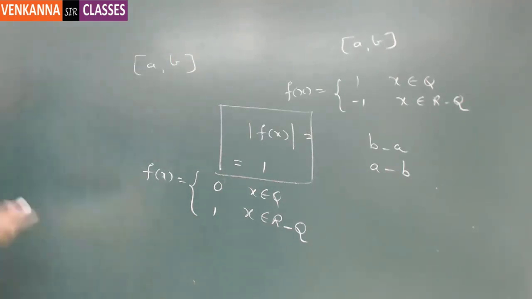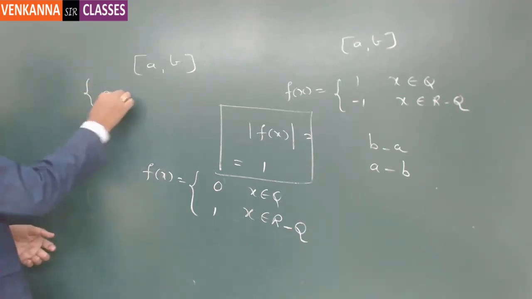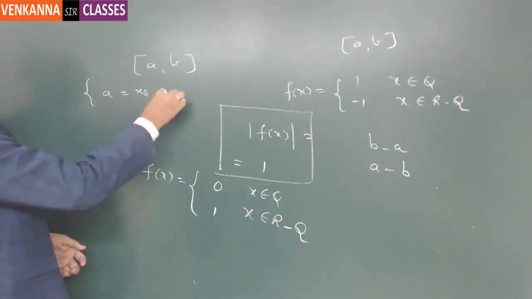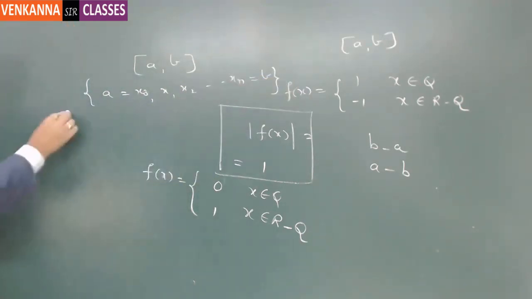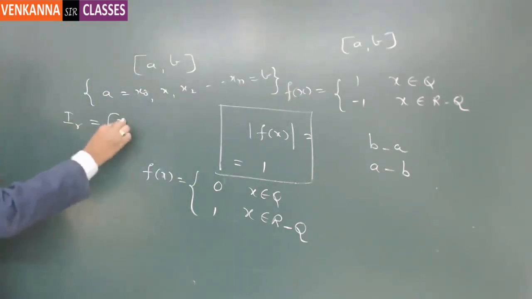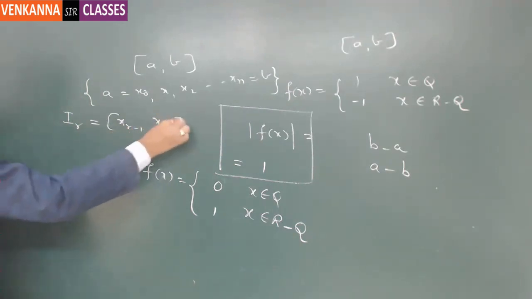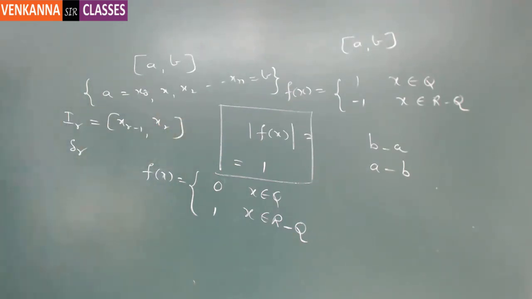The function is defined like this: when x is rational, its value is 0, and when x is irrational, its value is 1. So what happens? Whatever partition you take, a equals x0, x1, x2, and so on, xn equals b. If you take any subinterval x r minus 1 comma xr, the subinterval length is delta r. You can calculate LPF as well as UPF.